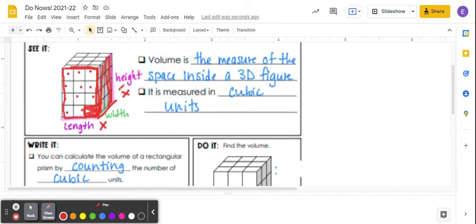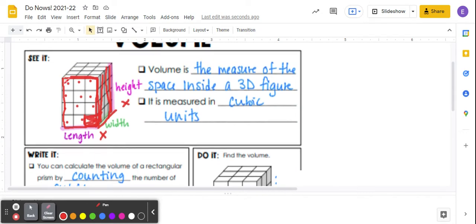So you could say I see that there are 4 units in my height and 3 units in my length and 4 units in my width here. Or sometimes you won't be able to count them up. It'll just be given to you. So you might be seeing that the height is 4 without having the helpful tool of having these drawn on for you. Okay.